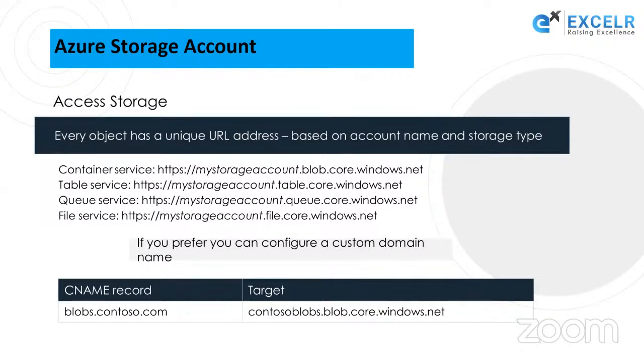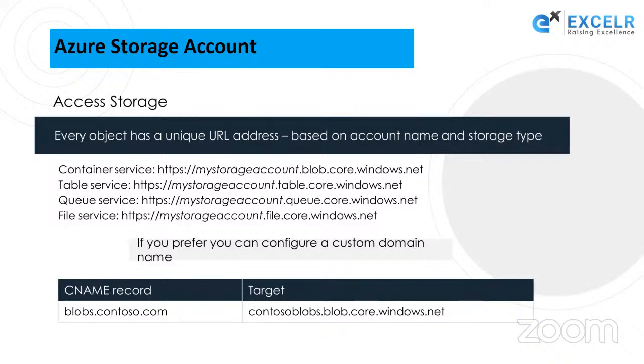If you are going to use the container, which is nothing but your blob storage, then the URL for that would be something like https:// name of your container .blob.core.windows.net. Then table will be denoted by .table.core.windows.net, and for queue it will be queue.core.windows.net, and so on. And then for your file service, it will be like this.